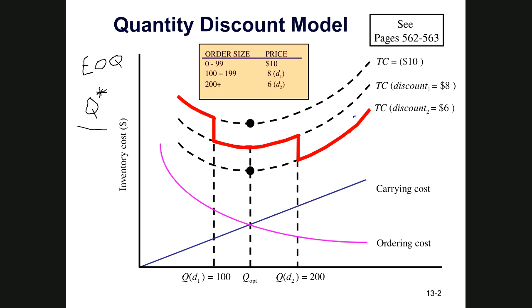If it's at the lowest price point, we stop. If it's not at the lowest price point, then we compute the total annual inventory cost corresponding to Q star and every lower price break point. Right? And so let's look at an example and see how that works.